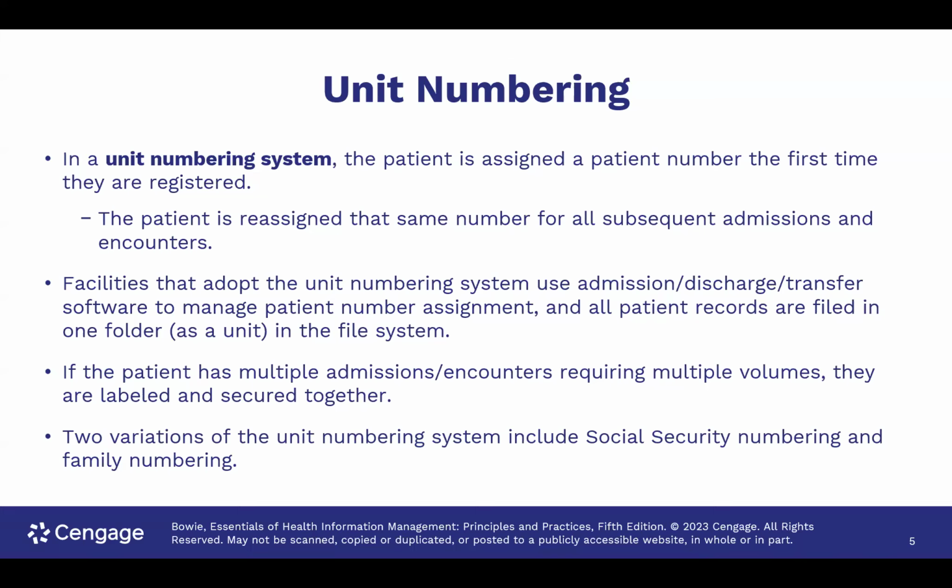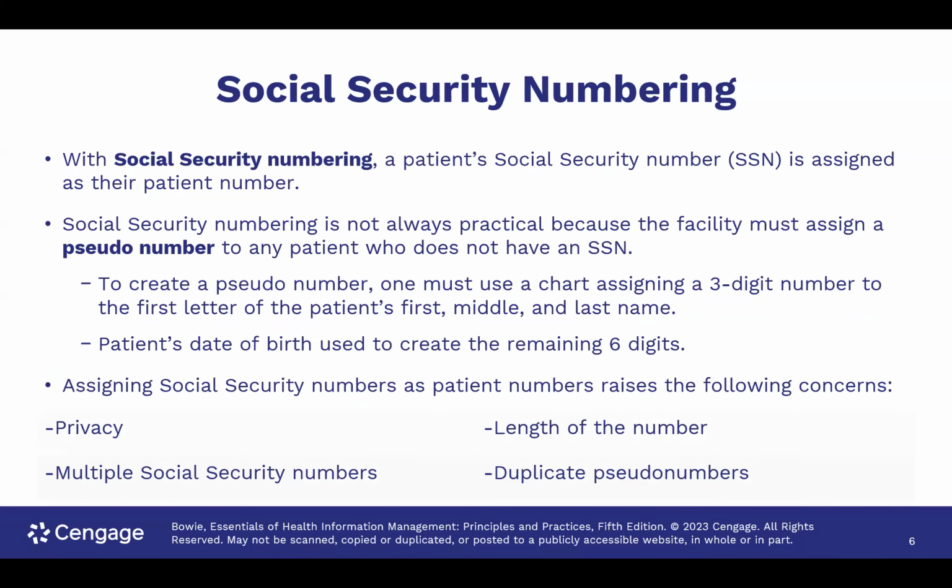Now, some variations of this: some facilities, like the VA many years ago, used Social Security numbering, and family practices was popular for a while, but it's basically a form of unit numbering. With Social Security numbering, a patient's Social Security number is the unique patient ID number.